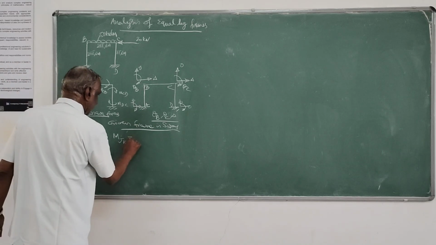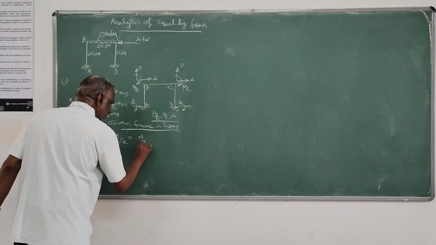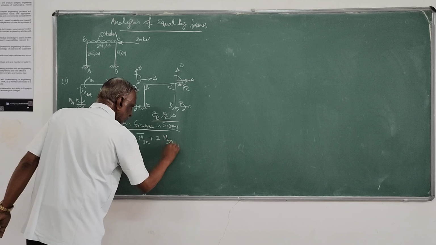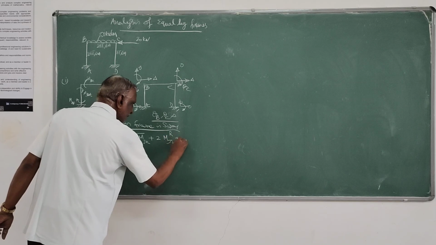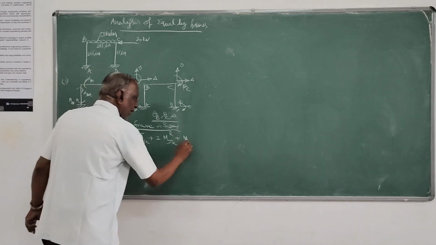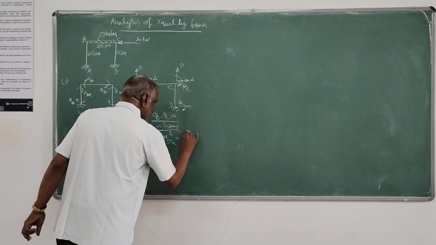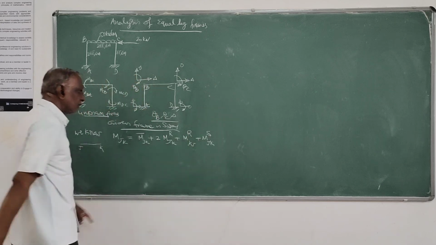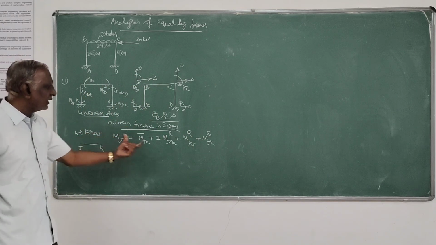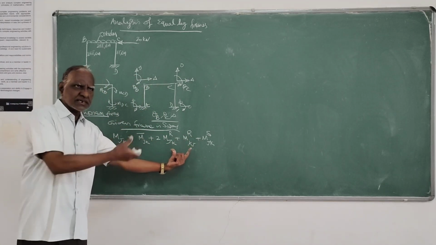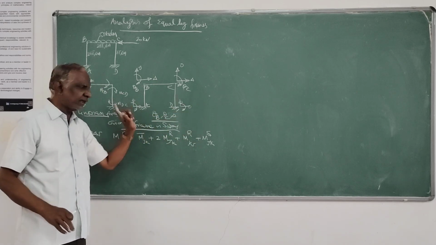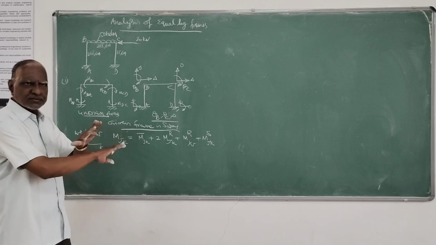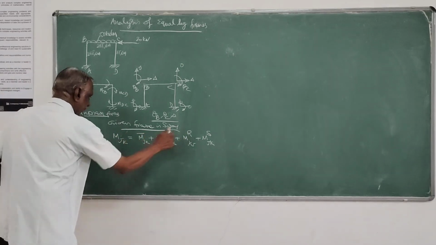The moment at any end of the member is given by the moment due to fixity, plus twice the moment due to rotation at the near end, plus the moment due to rotation at the far end, plus the moment due to sway. So this is the basic formula we have. These two are rotation contributions at the near end and far end of the member. This is due to sway of the member, together with the fixed end moment, which is without allowing any displacements.